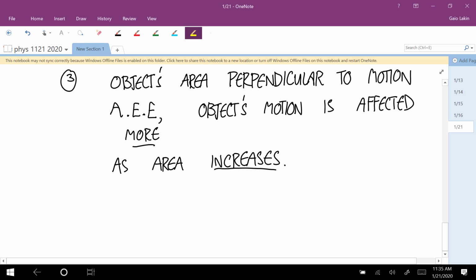And then the last one is speed. So, object speed.